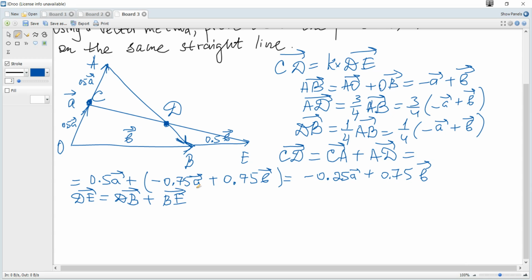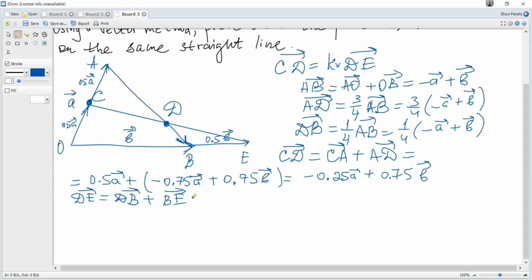Actually, we can always apply only the triangle rule for the sum to represent any vector, because in general there is a parallelogram rule, and also there is a rule for difference, but the triangle rule for a sum will always be enough to get an equation and find the required vector.